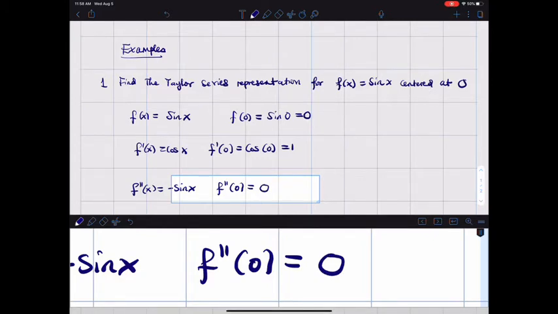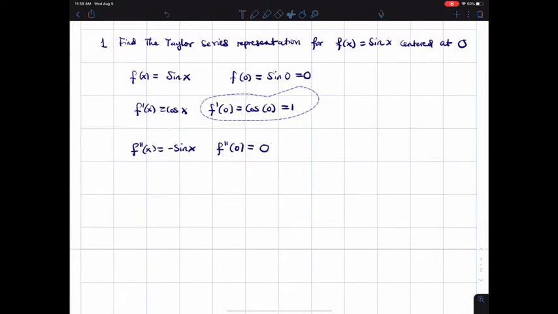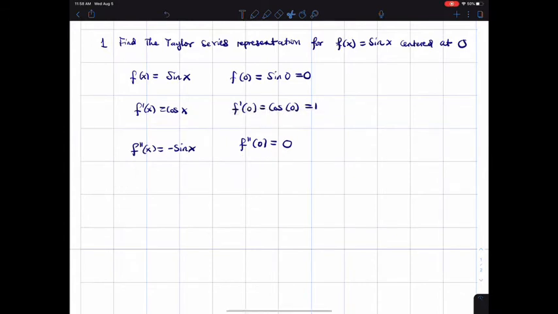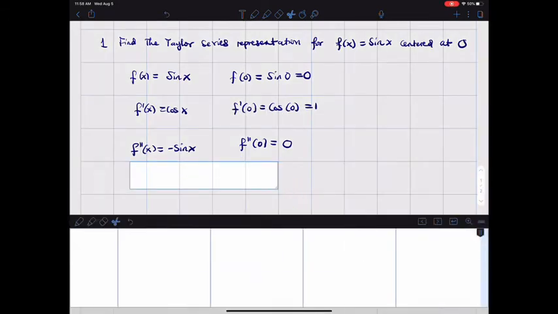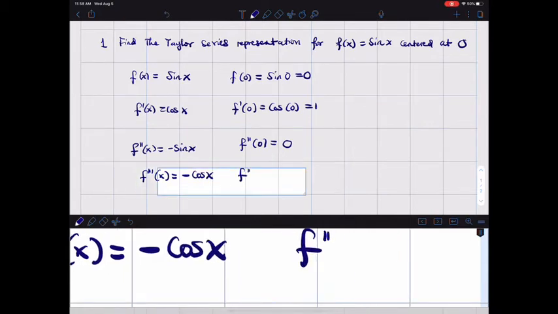How about f triple prime? f triple prime is negative cosine of x. f triple prime at 0 is negative 1.